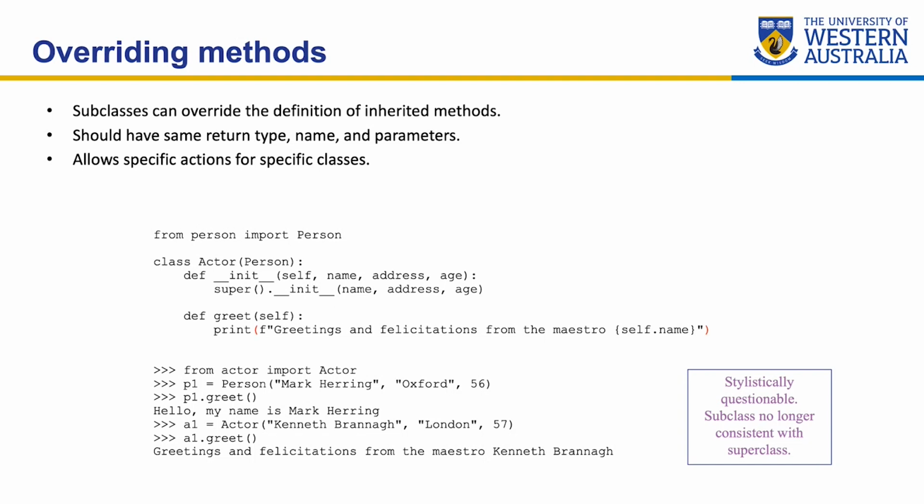But if you think about this from a style perspective, it can be questionable. So you have to make a good judgment on this because the subclass is no longer consistent with the superclass. The whole concept of inheriting is because it exhibits the same behavior. So if it starts behaving differently for the same stuff, then are they really in a superclass-subclass relationship, right?